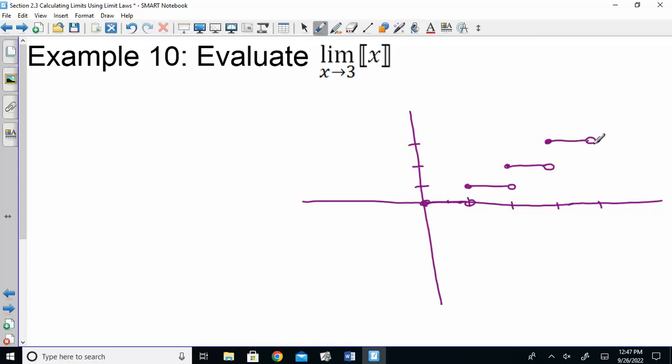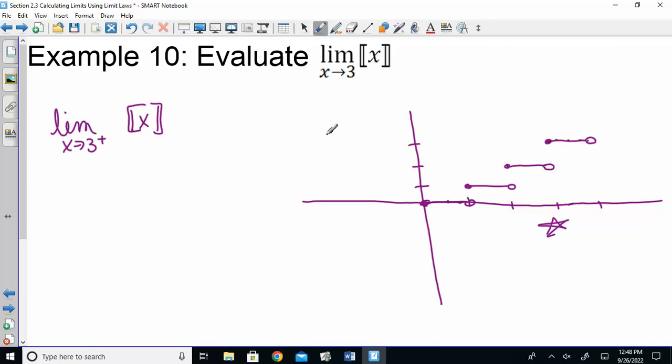So since we already have the graph here, let's just use this graph. As you're approaching 3, let's see if it exists. As I approach 3 from the right, here's where x is 3. If I'm approaching this from the right, I'm putting in things bigger than 3. So 3.5, 3.4, 3.2, 3.1.